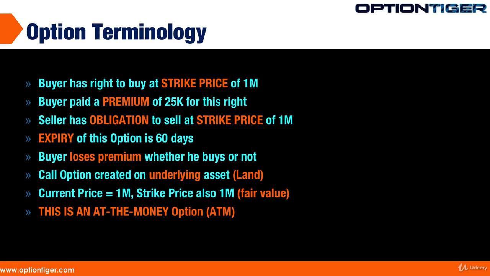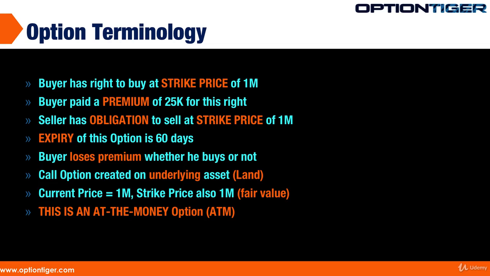The buyer loses the premium as soon as he gets into the contract. So whether he buys the land or not, he's lost that $25,000. The call option has been created on an underlying asset, which in this case is the land.